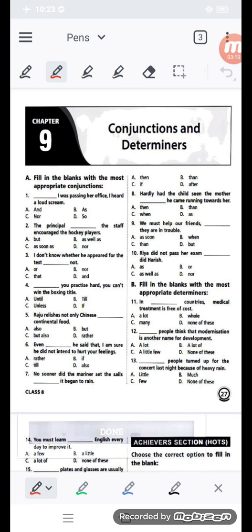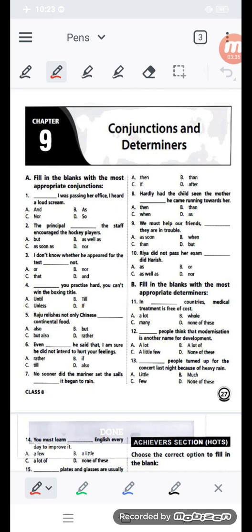Quantifiers are words depicting quantities like little, a little, the little, few, a few, much, more, many. These are the quantifiers. And numbers, generally you know simple numbers are there like 1, 2. All these are the number category.